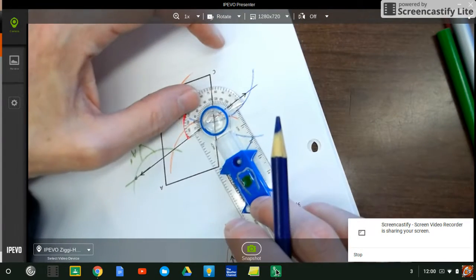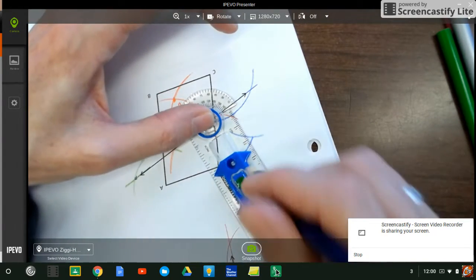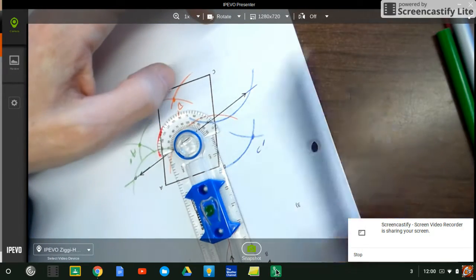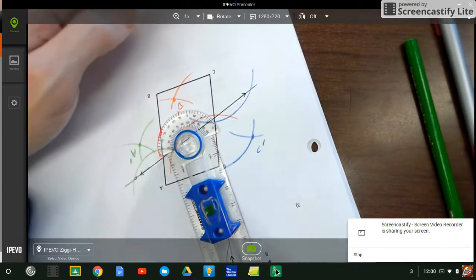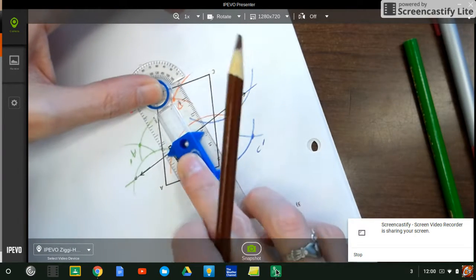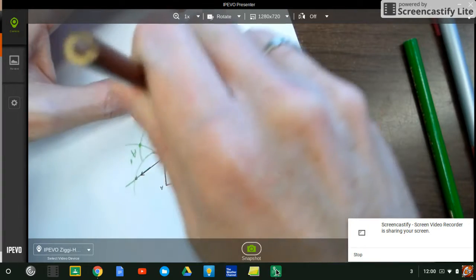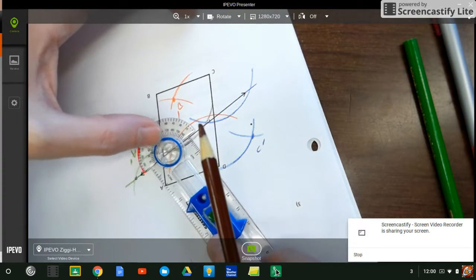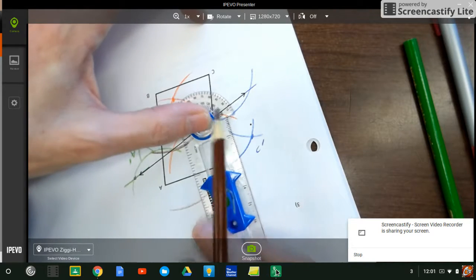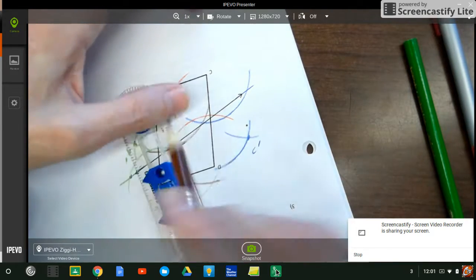You know what? That's not quite good enough. Let me get a better line. There you go. That's better. And the last one, B prime. Okay, so from the intersection of that, there's B prime.